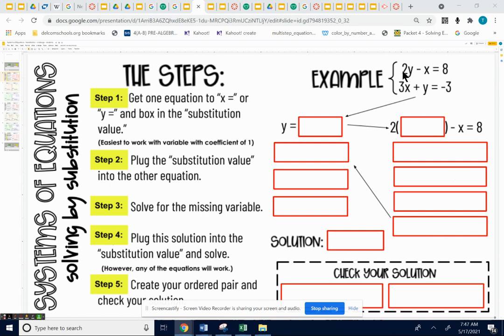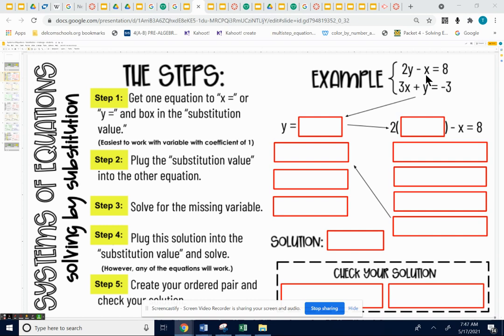Let's say you have two equations in the system, but they're not necessarily in slope-intercept form, so they're not easy to graph anyway. We're going to use what's called substitution. The big idea: if two things are equal, we can substitute one for the other.